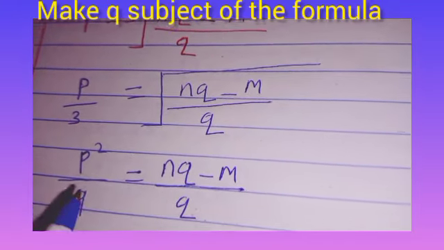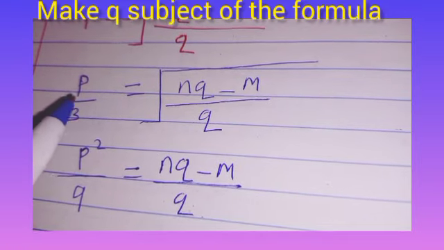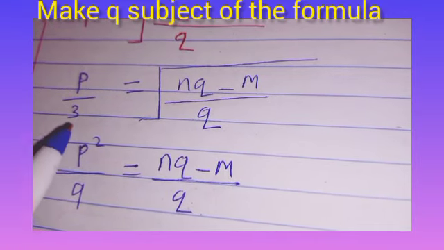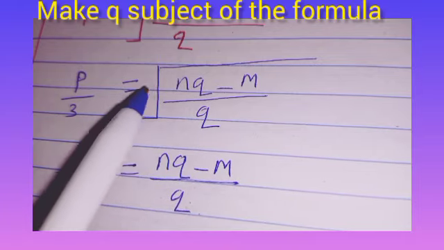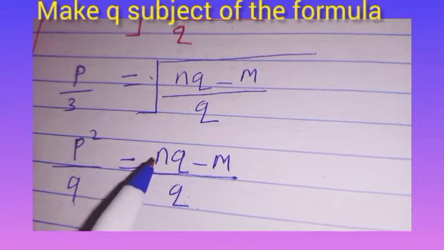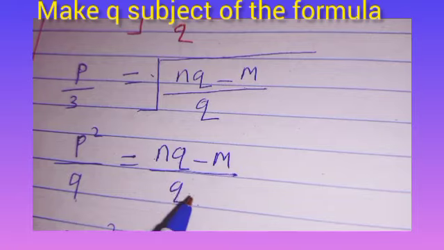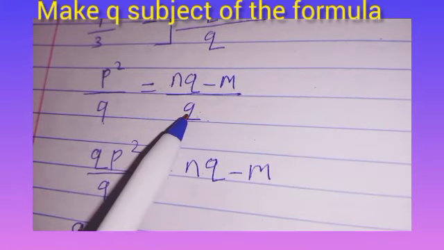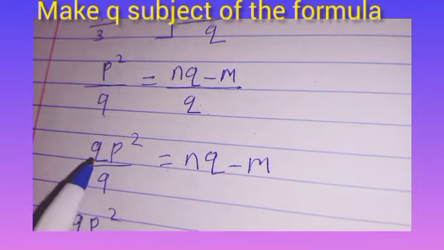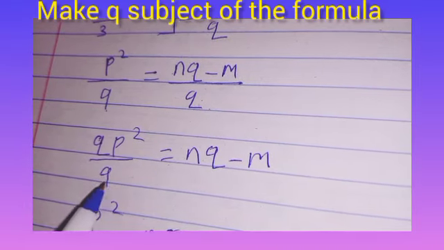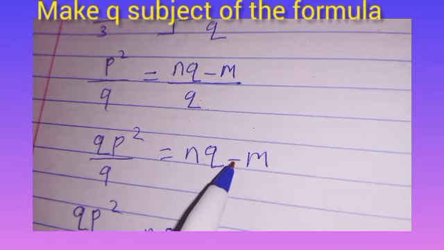Next, you square both sides. So when you square both sides, you are going to have P squared, 3 squared is 9. And when you square and you take square root, you are going to be left with NQ minus M divided by Q. Now, you multiply both sides by Q to get Q P squared over 9 is equal to NQ minus M.